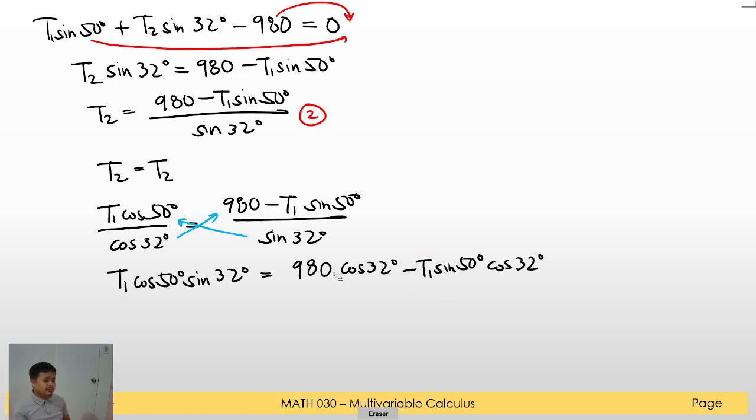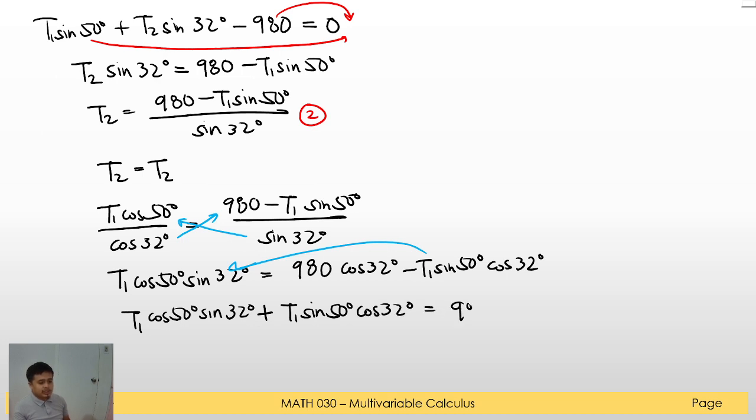So we want to solve for T1. So translate this to the other side. We have T1 cosine 50 sine 32 plus T1 sine 50 cosine 32 is equal to 980 cosine 32.